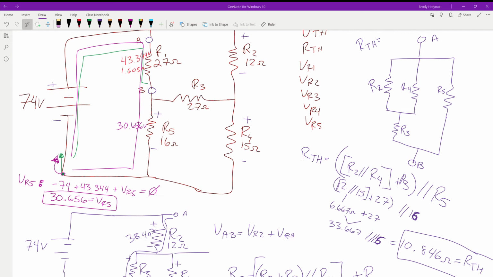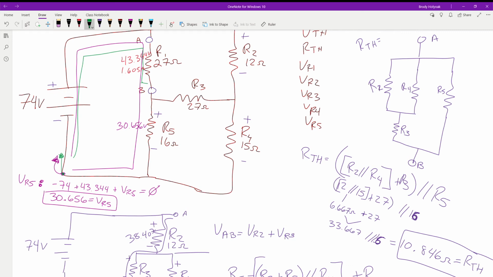So what's the current used for then? You could use the voltage drop across and run that current. Oh, that's what we do. That's the step I was skipping. That's why we have our current. So, sorry, a total brain fart. I apologize.